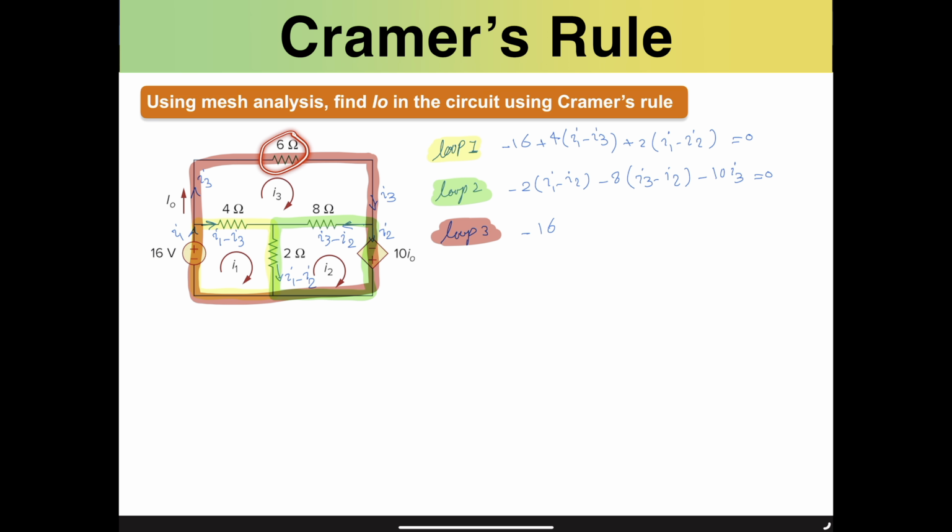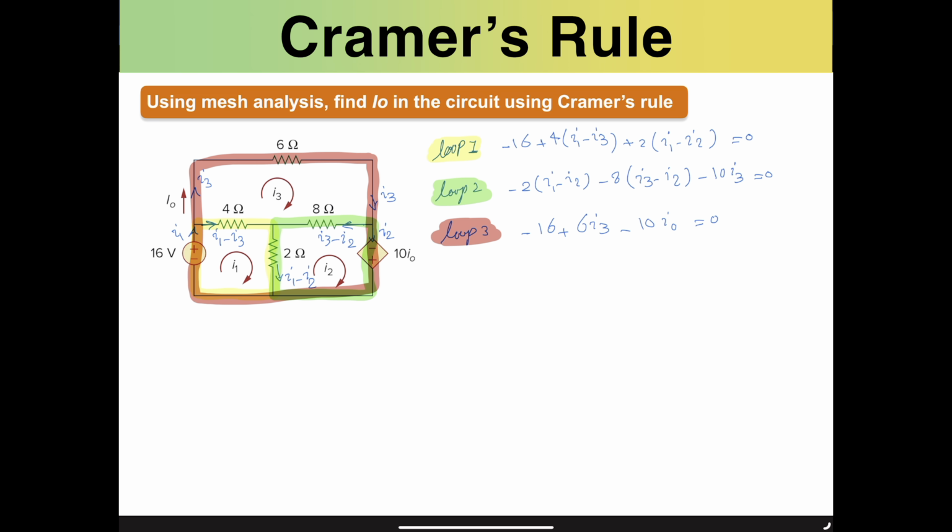Then we have this 6 ohms that I3 is passing through, so it will be 6 I3. And eventually it's going to be this dependent voltage source, which is 10 IO. When we enter from the negative terminal, it would be minus 10 IO. We end up at our original position. Therefore, it would be 0.